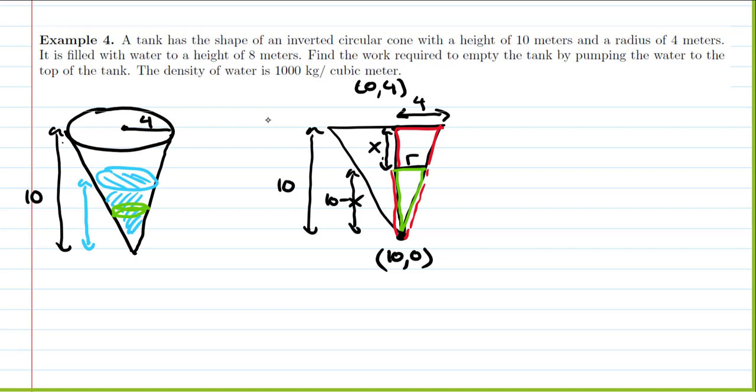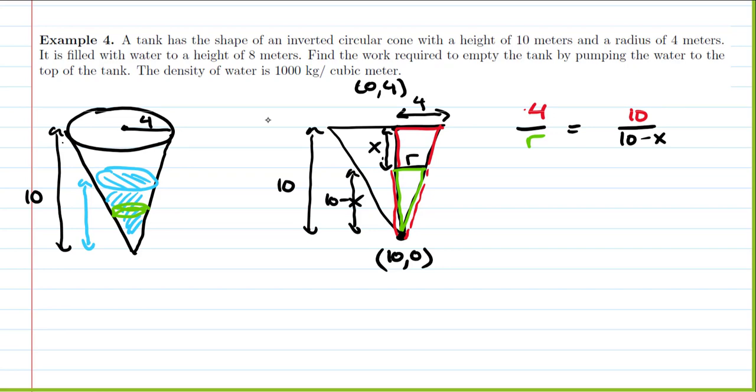So if we set this proportion up as big over small, we would have this side, 4, divided by r, is equal to our big side, 10, over our small side, 10 minus x. Let me color code those because I think it'll make more sense.